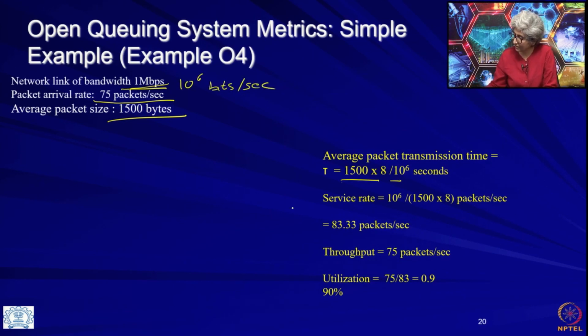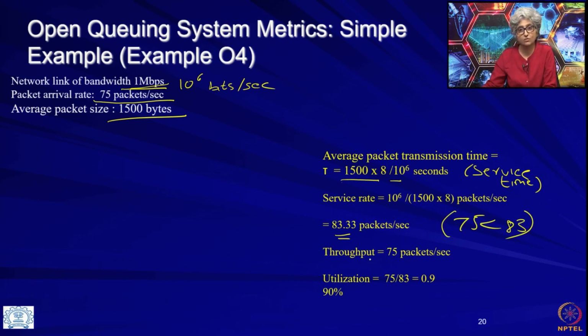Then I am calculating the service rate as 1 over tau. Remember, this packet transmission time will become the service time, and 1 over tau is going to be the service rate, the reciprocal of this, and this calculates to 83.3 packets per second. So, now 75 is less than 83.